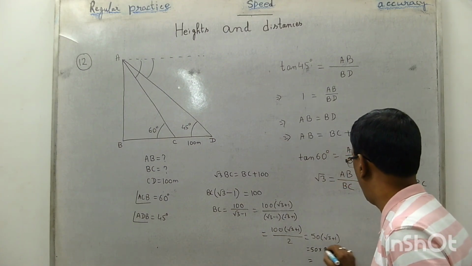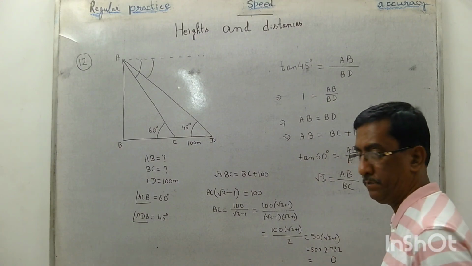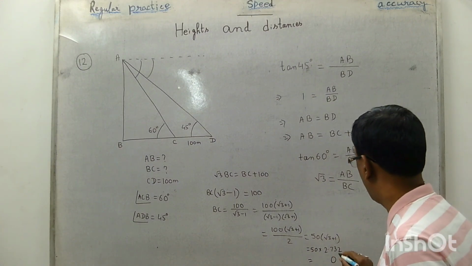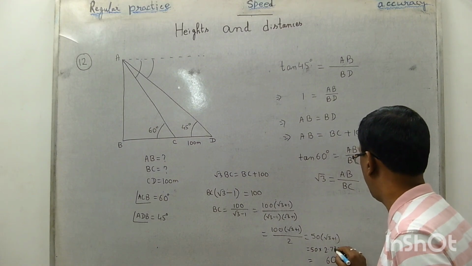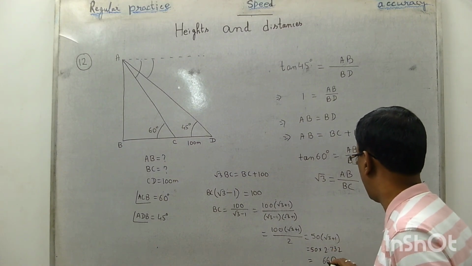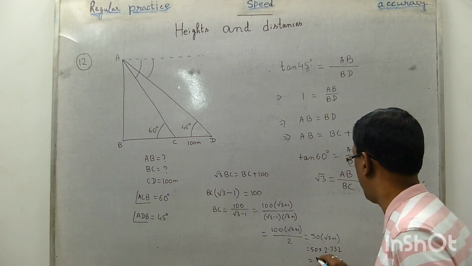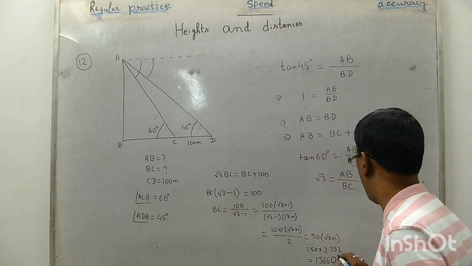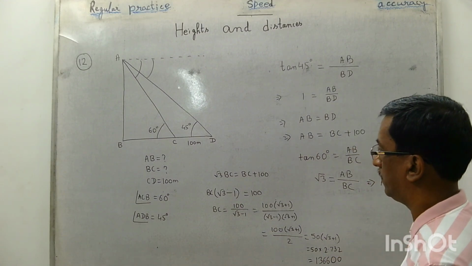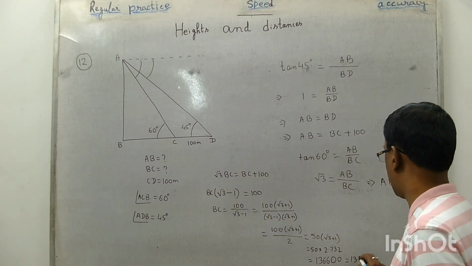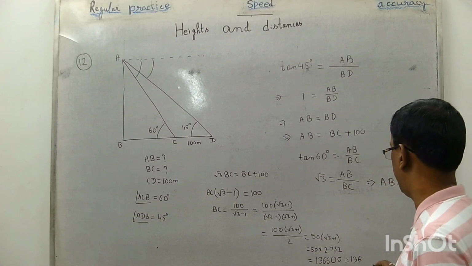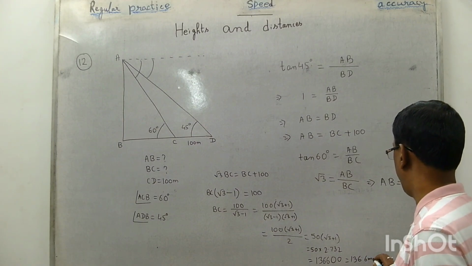सो 5 2 जा 10, कैरी 1, 15 16, कैरी 1, 36, कैरी 3, 5 2 जा 10 प्लस 3 13, 0 यहाँ, अब 3 हाउस पे 136. It is 136.6 meter.